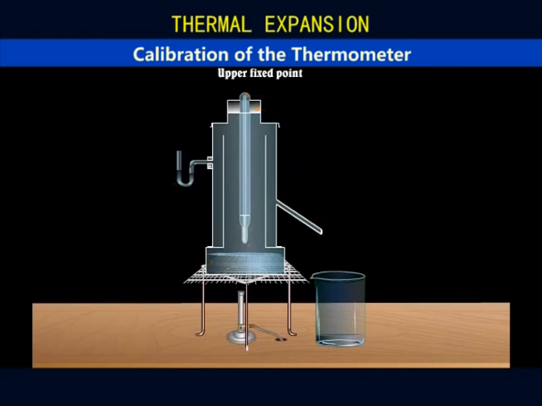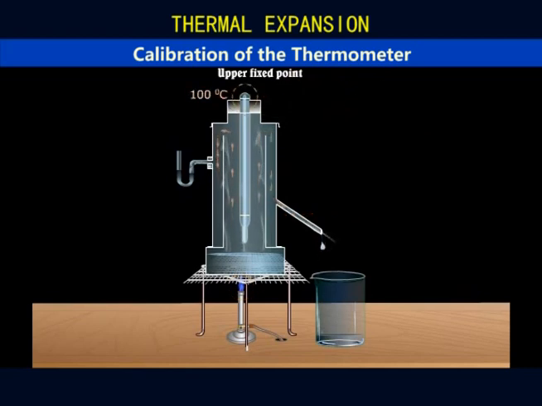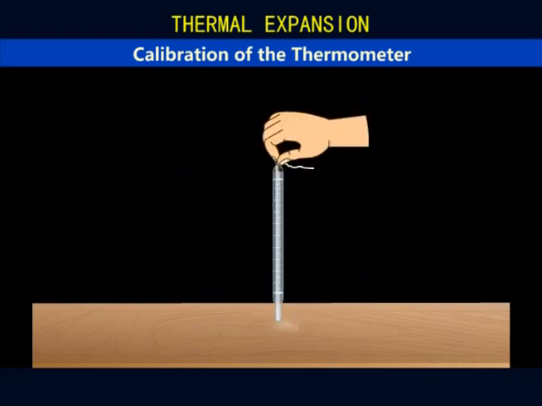The water is boiled and the steam produced passes up through the inner chamber and descends down through the outer chamber, so the bulb is surrounded with pure steam. When the mercury meniscus remains stationary for a sufficiently long time, that point is marked 100 degrees Celsius, and this is the upper fixed point. The space between the two fixed points is then divided into 100 equal divisions.